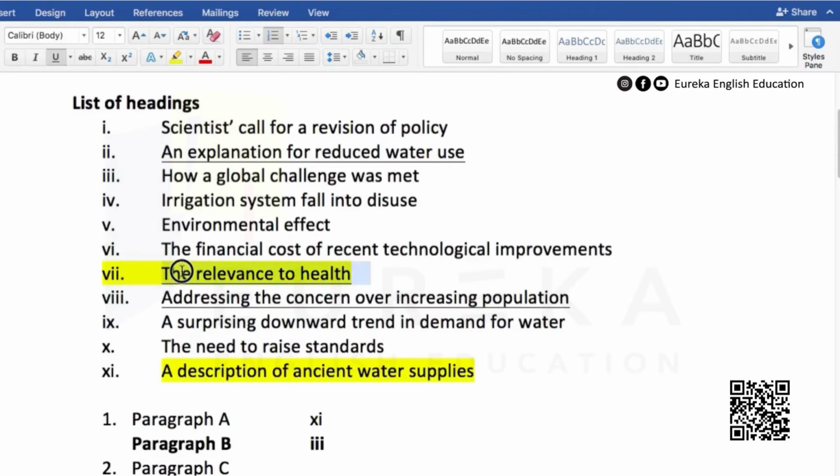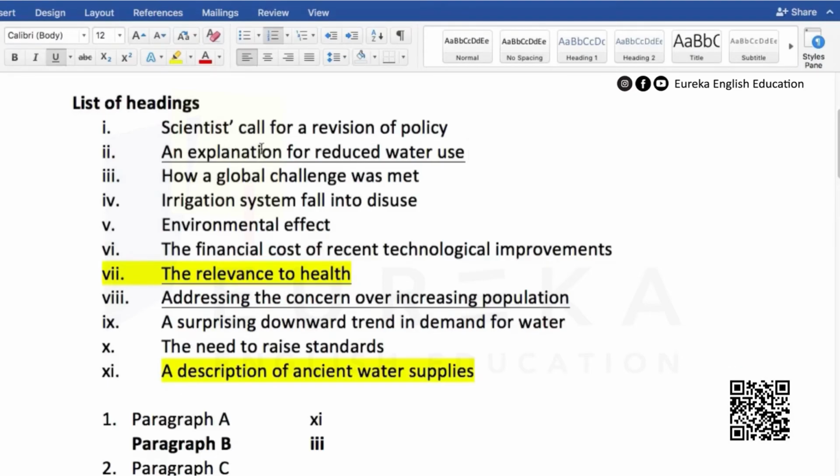So I think this would be the best answer, because for explanation for reduced water use, there is an explanation of water use but not specifically about the reduction of water use. People have problems with the lack of water and the access to water, but there's no explanation about why that happened.